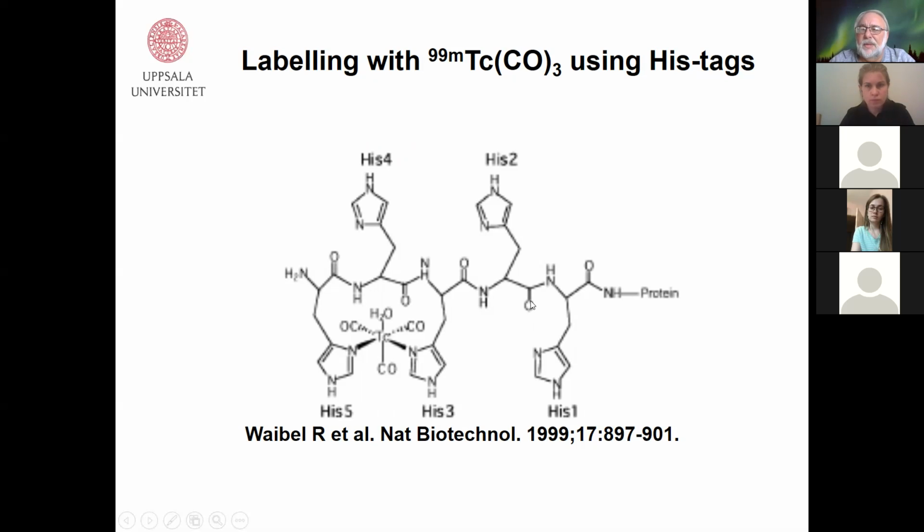Hexahistidine tags or pentahistidine tags are quite commonly used in biotechnology for so-called immobilized metal ion chromatography purification. And well, it's easy in this way to purify one desirable protein from a large variety of proteins which are typically produced by cells.